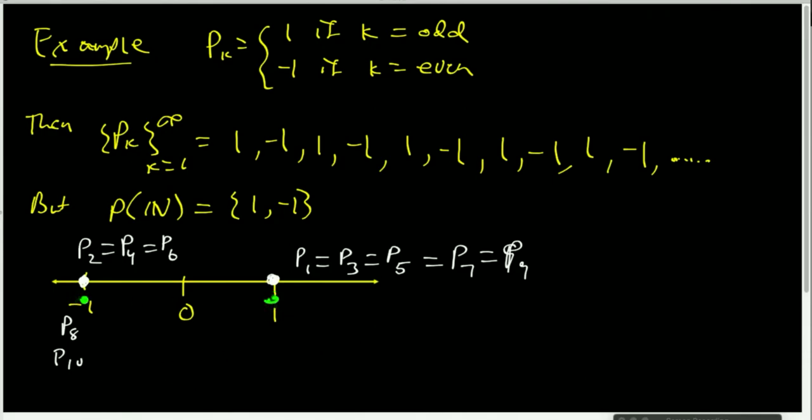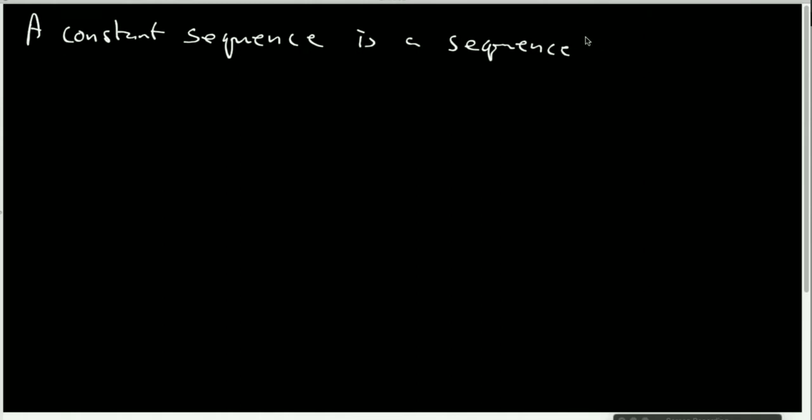Now, there's one more concept that I want to introduce right now, and that is the idea of a constant sequence. A constant sequence is simply a sequence pk, k goes from 1 to infinity, such that the image of this sequence is a singleton set.